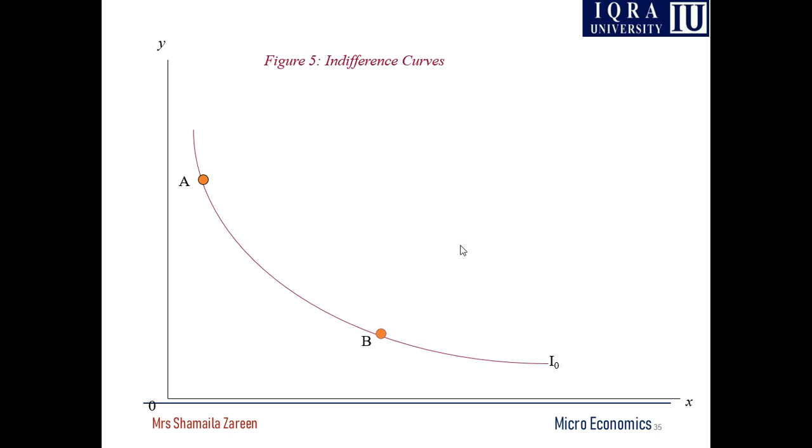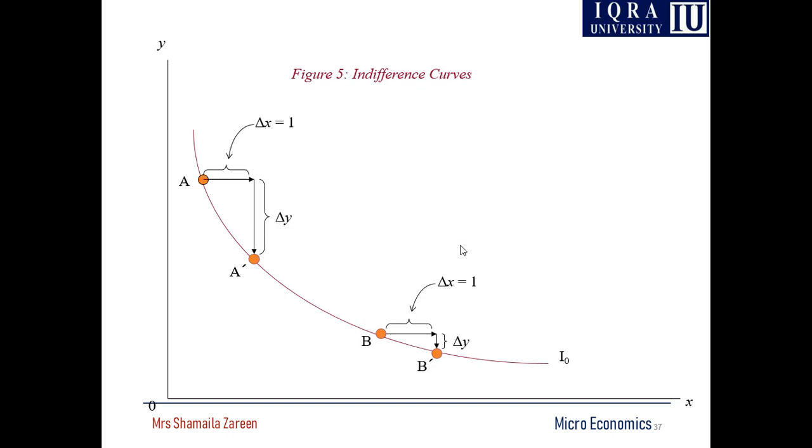You can see this case. This is the indifference curve, and there are many points on the indifference curve, and you can see that the slope of this indifference curve becomes flatter as you move down the indifference curve analysis.